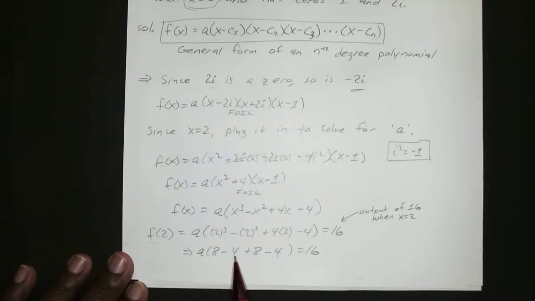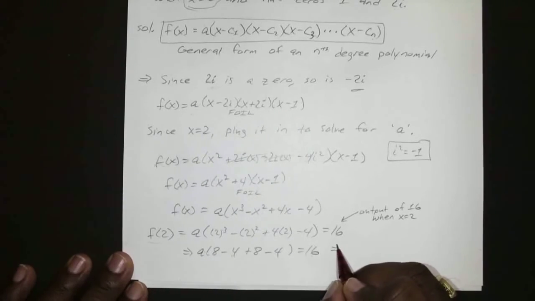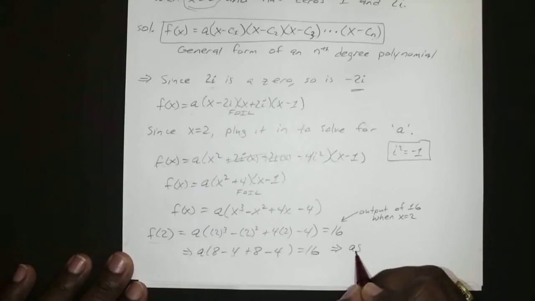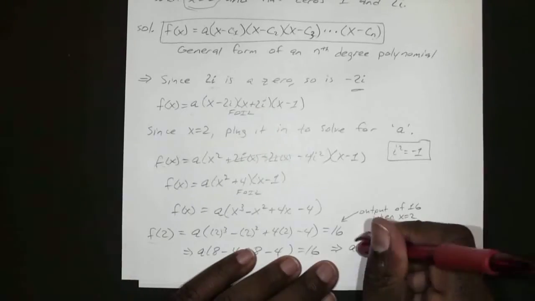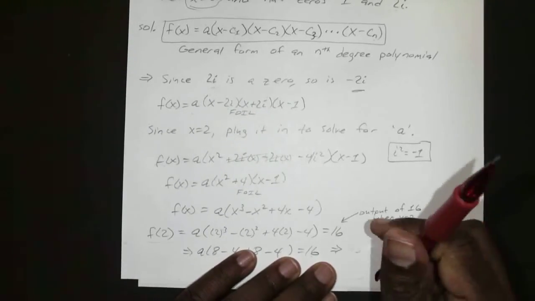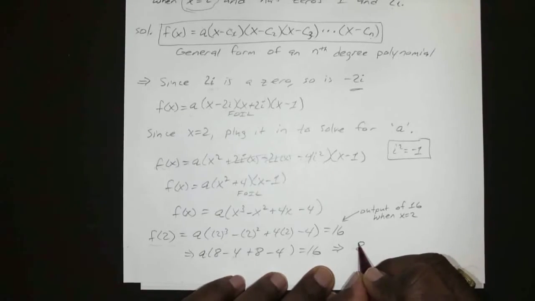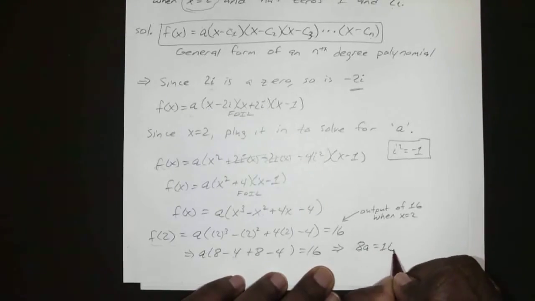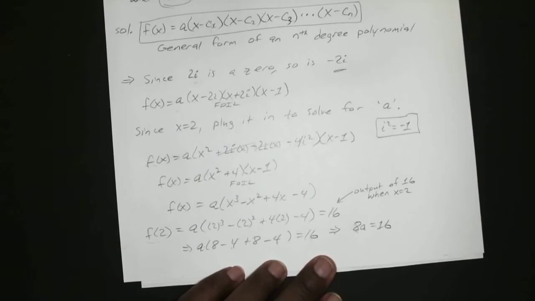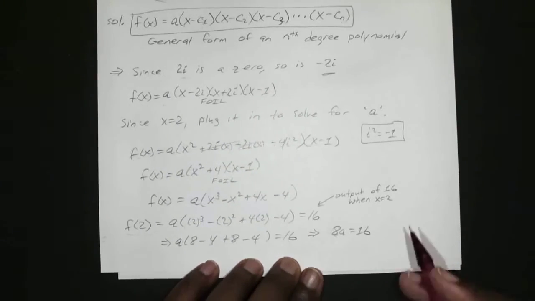So you have negative 4, which is negative 8, positive 8. So you have a times 8 equals 16, or 8a, you write it the traditional way. 8a equals 16. Divide both sides by 8. You get a equals 2.